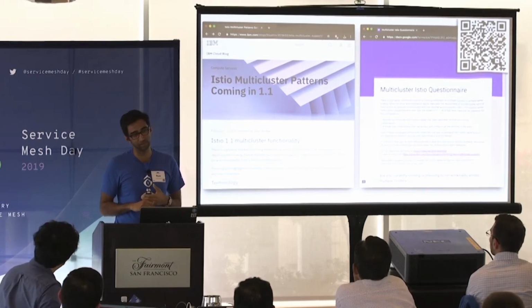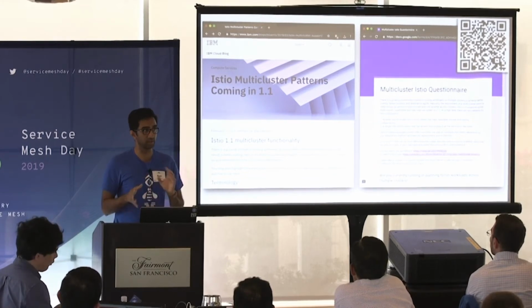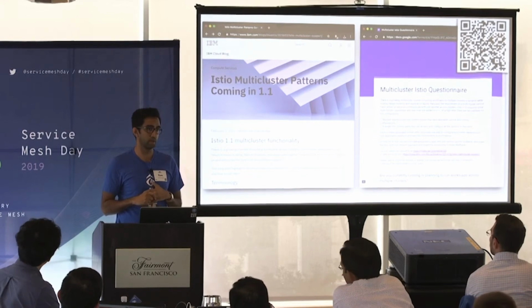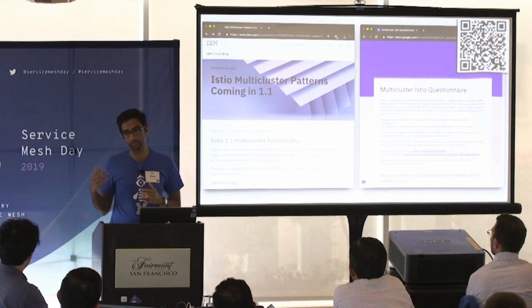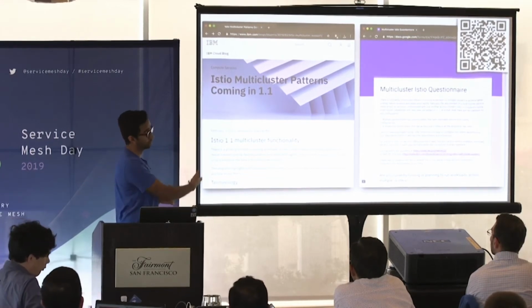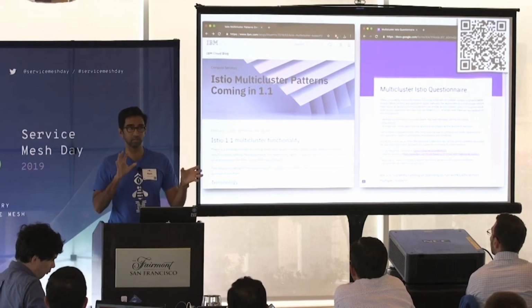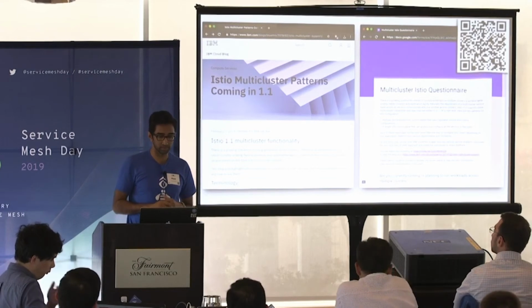I believe all 3 patterns are in a pretty preliminary phase where we expect a lot of the features to work, but I would not say they're battle tested, and additional features such as ease of maintenance of the configuration and the lifecycle management of these remote clusters still have more to be done.